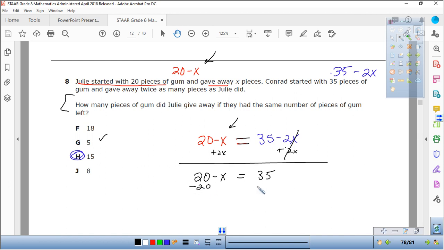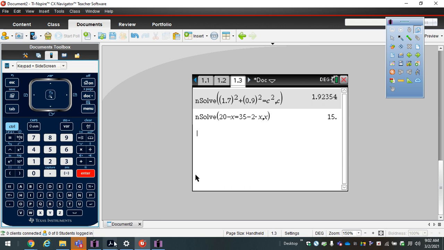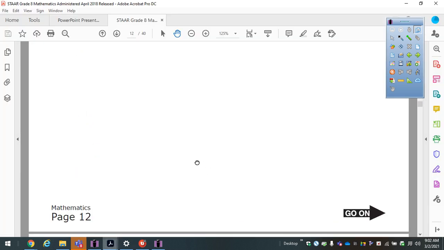Minus 20, minus 20. Cancel out here, negative x is equal to, oh, that's positive x, equal to 15. So we did it right. And solve, you're right, Diego. What's faster? Okay, next one, 8, 9.